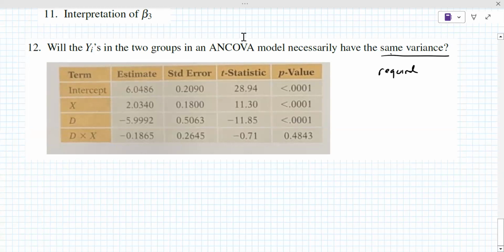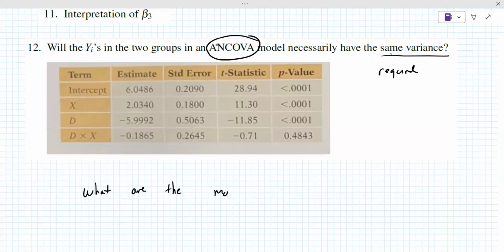Do you have all the requirements of an ANCOVA in your notes? Remember last time? That's something I will note to clip in: requirements of ANCOVA. I'm pretty sure that's on one of the lecture slides.